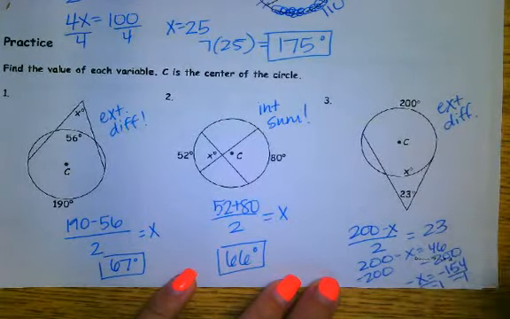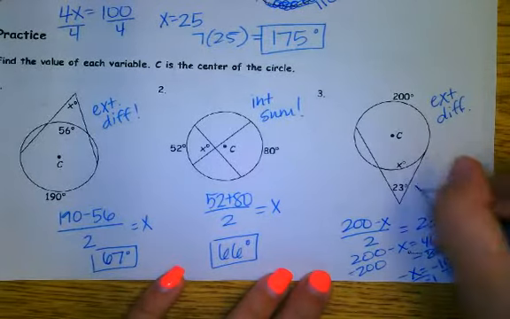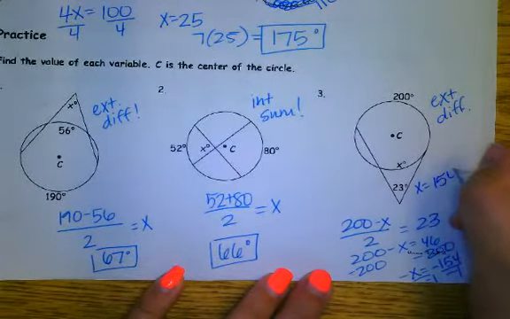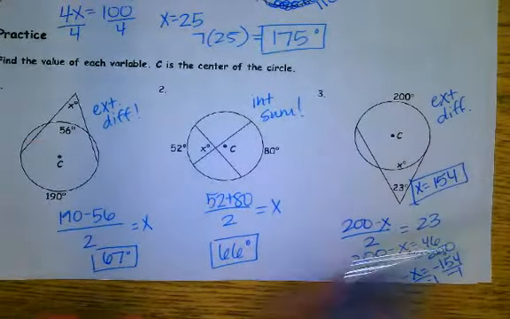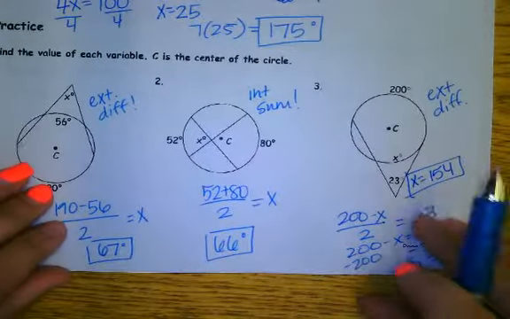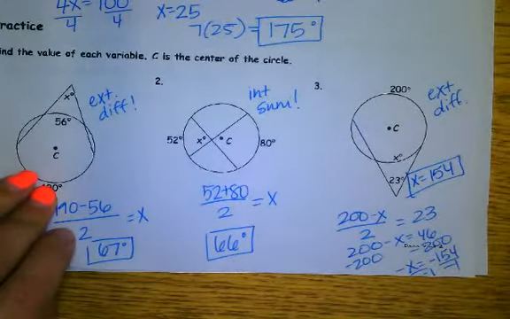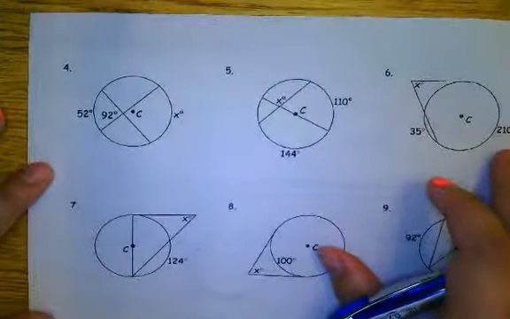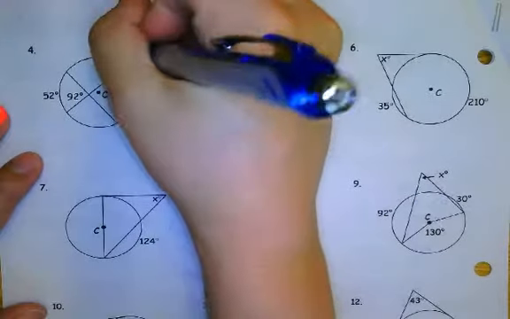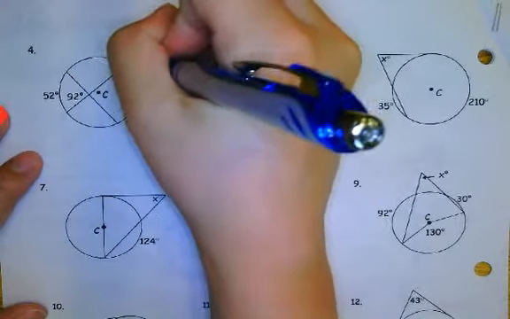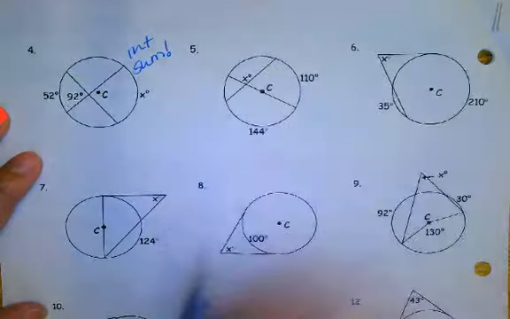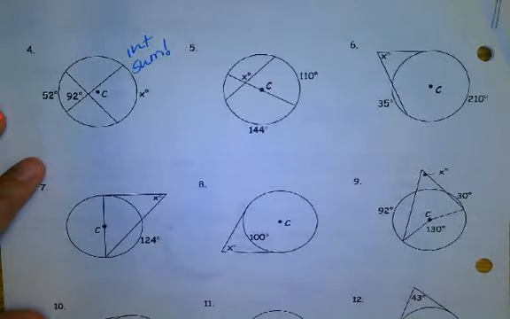So x equals 154. Okay, 4, interior, exterior. Interior, what are you doing? Sum. Okay, how do you go about solving that?